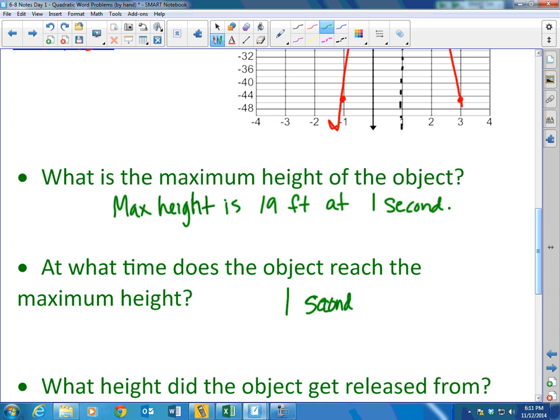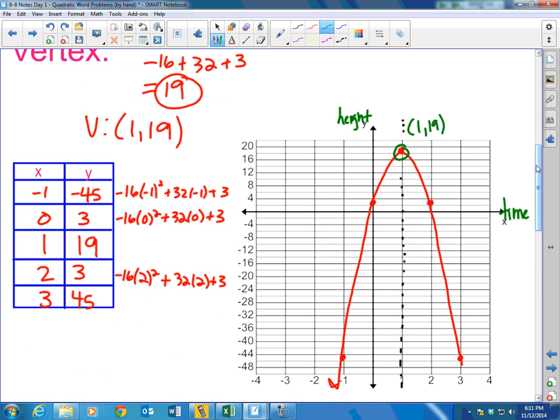The next question is, what height did the object get released from? So here we go. When we look at this parabola, remember along the x-axis is time, and you aren't going to count a negative amount of time when you do this. So quite honestly, this piece of the parabola, until I get to the point where time is 0, means nothing. I don't even need it. I can't have negative time.